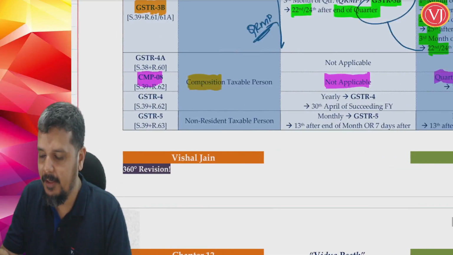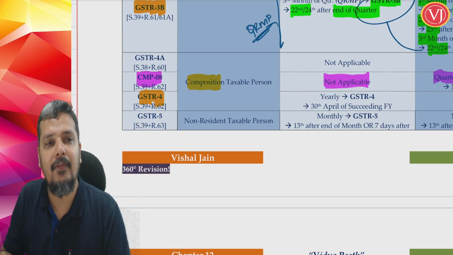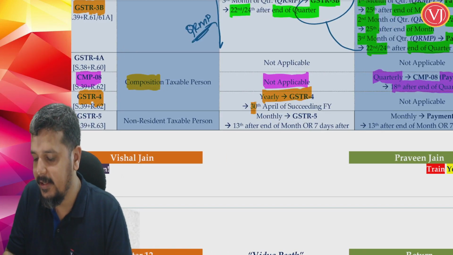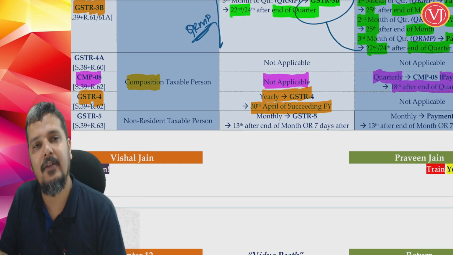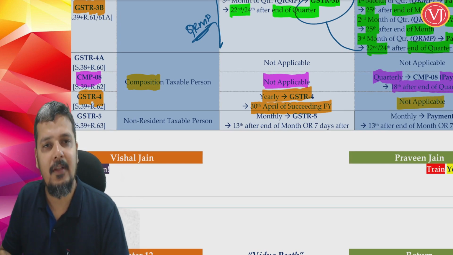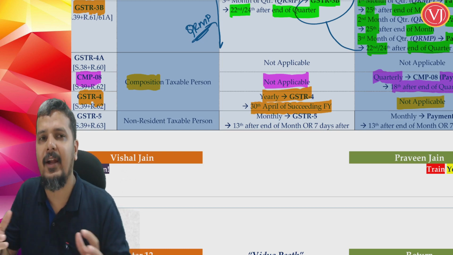And there would be yearly filing of return, which is GSTR 4, which is 30th April after the end of the year. So when you are filing the return, there won't be any payment. You are making payment separately and you are filing return separately, not interconnected.